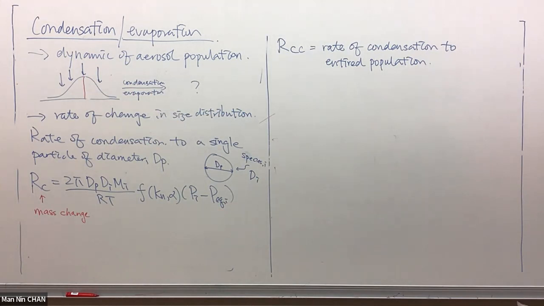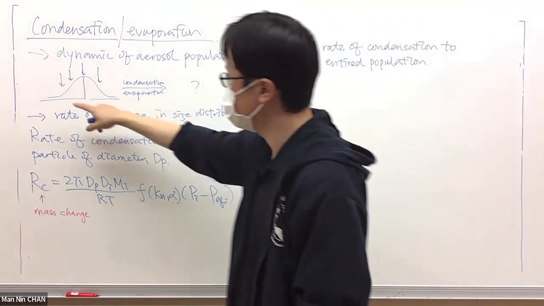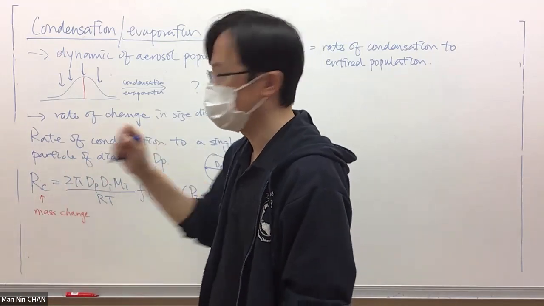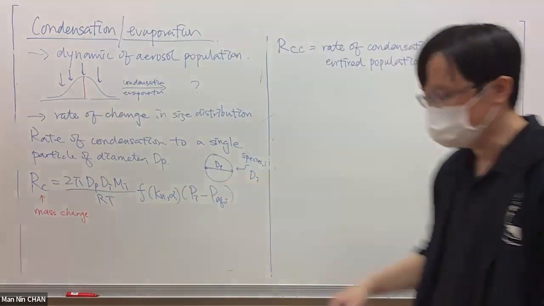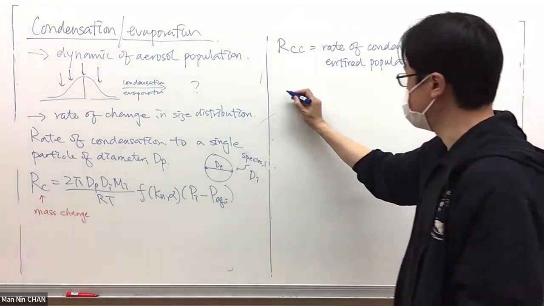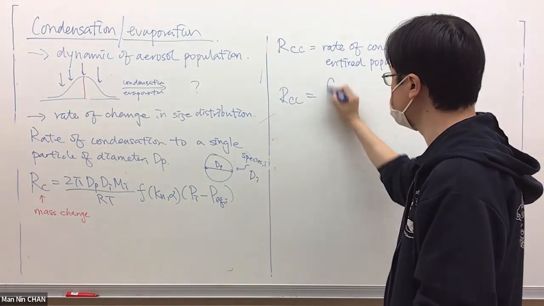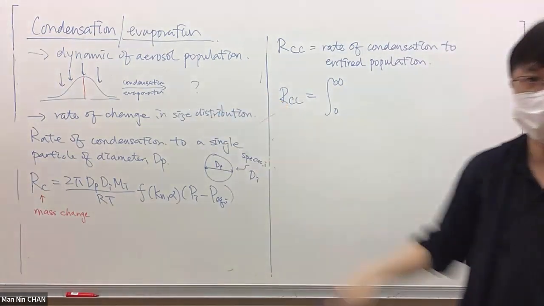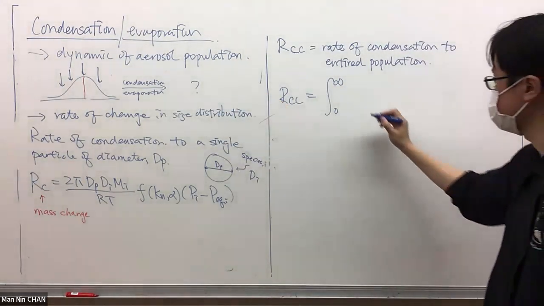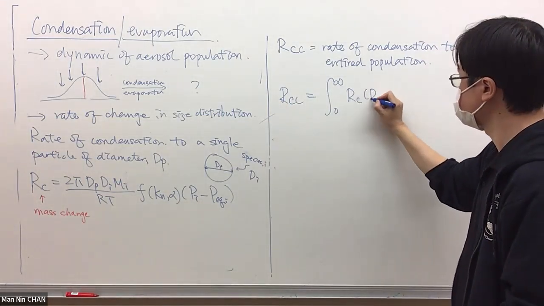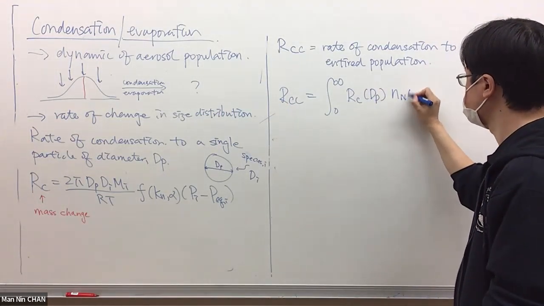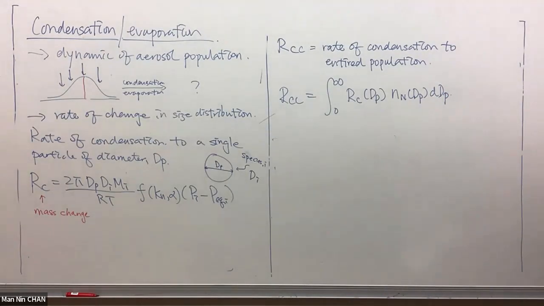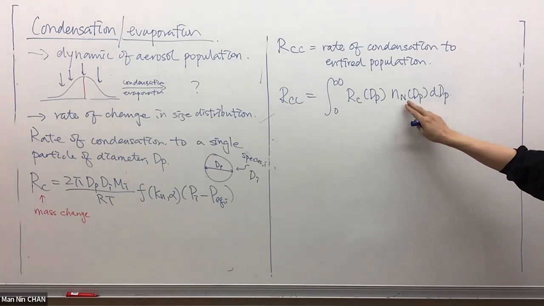So by doing this, if you know your aerosol distribution, and also the rate of condensation to a given particle size, R_C, we can do this. Your R_CC will be equal to, of course, the integration over your whole particle population.